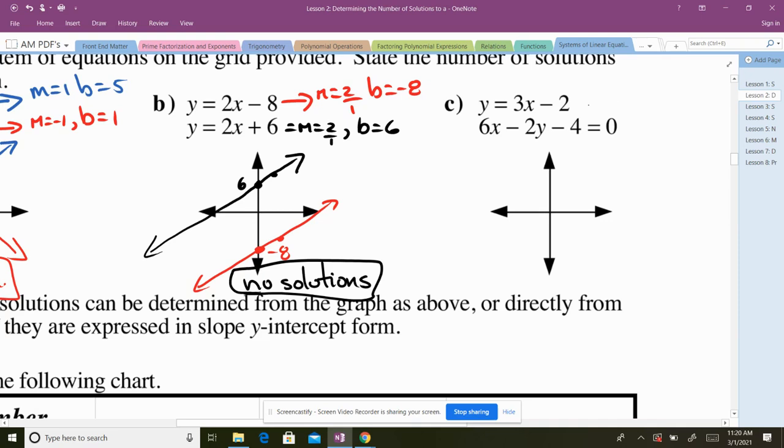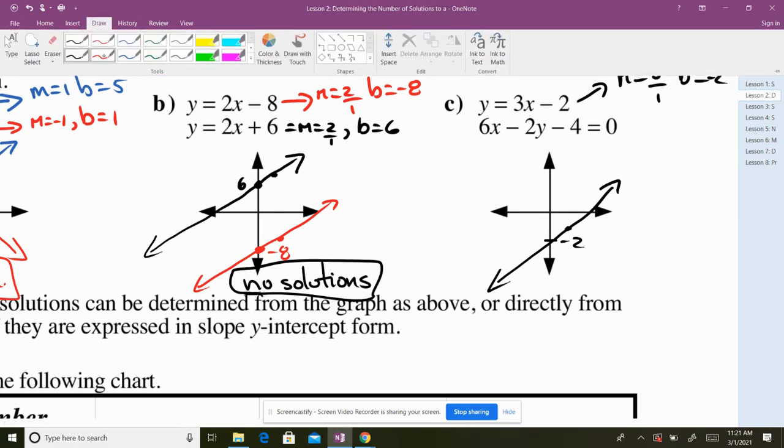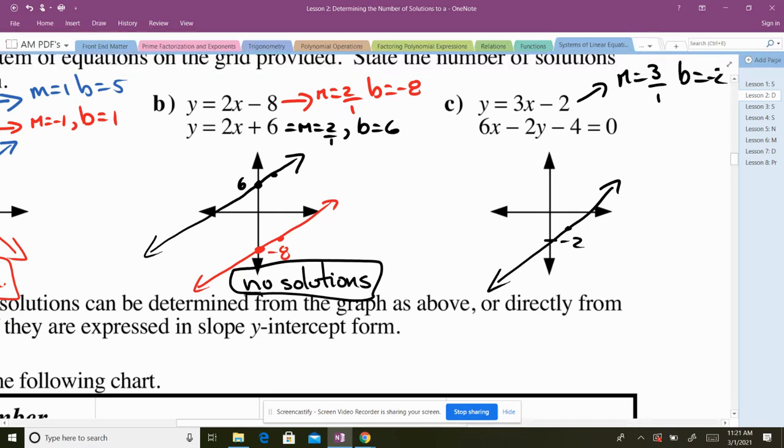Okay, here we go. First one, slope and y-intercept. 3 over 1, and b is negative 2. So I'm just going to mark negative 2 there. 3 over 1. Nice straight line. Somewhat. Near the end, it goes a little wonky.